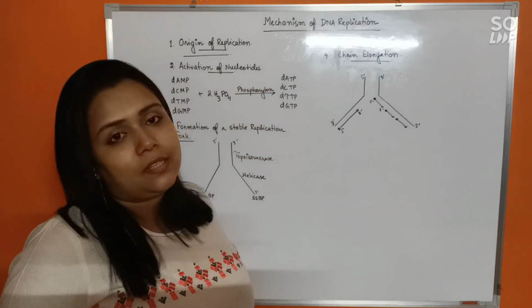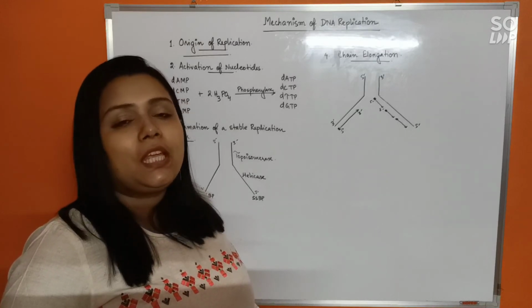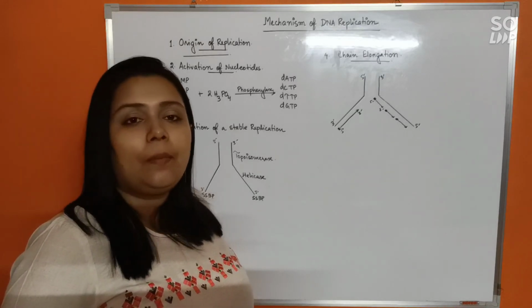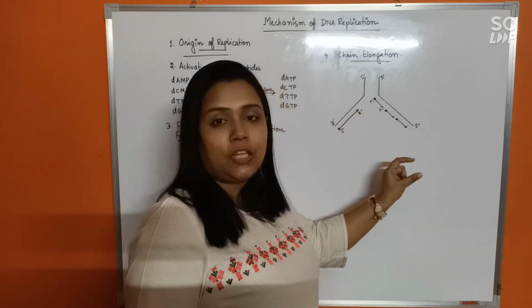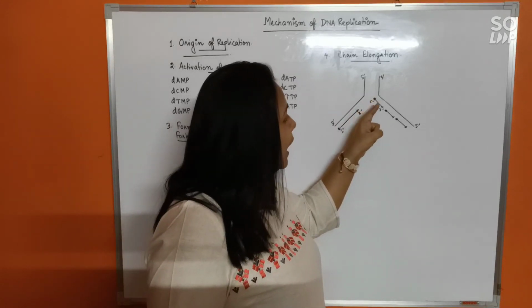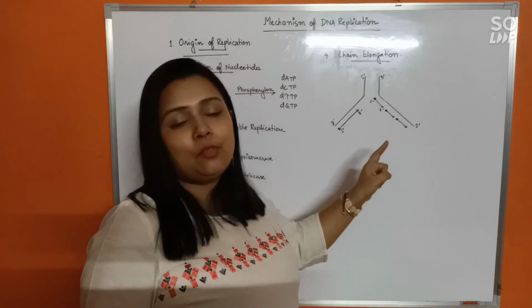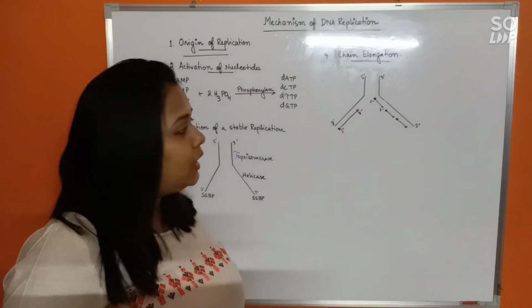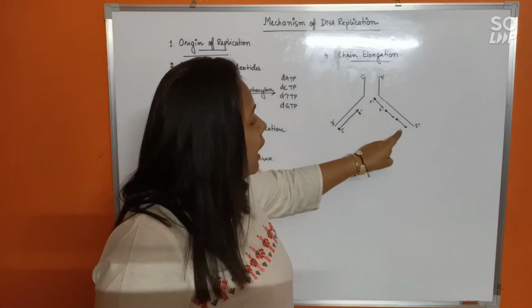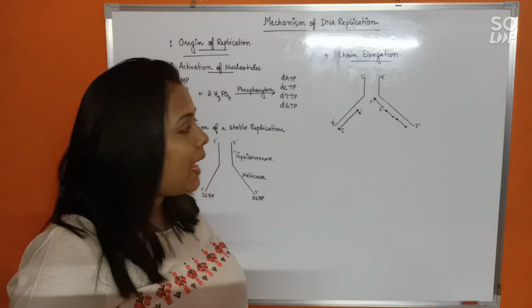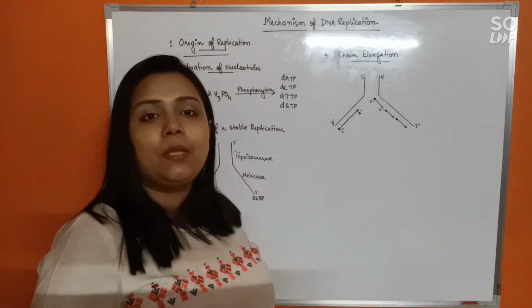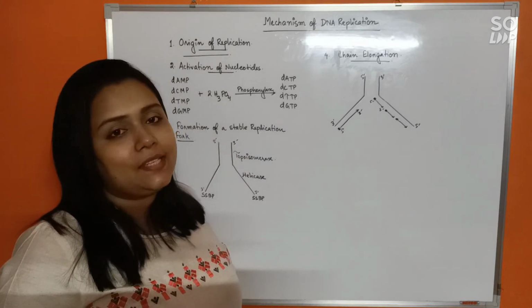Every time the chain synthesis stops, it has to be initiated again by using a primer. So continuously there will be short fragments of DNA formed with primers being added every time chain synthesis occurs. Fine. These short fragments of DNA will be termed as Okazaki fragments. And this daughter strand that is being formed is called lagging strand.